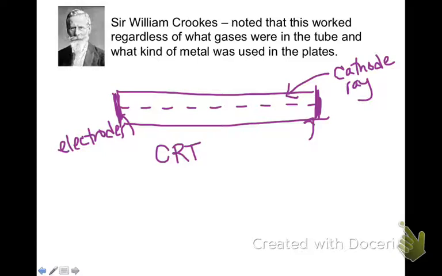So that's what it means here when it said this worked. What this means is that the beam would show up no matter what gases you put in that tube and no matter what metals you use as the electrodes. So that told William Crookes that it was in every substance. So whatever it was that was causing this ray to appear was in every single substance.